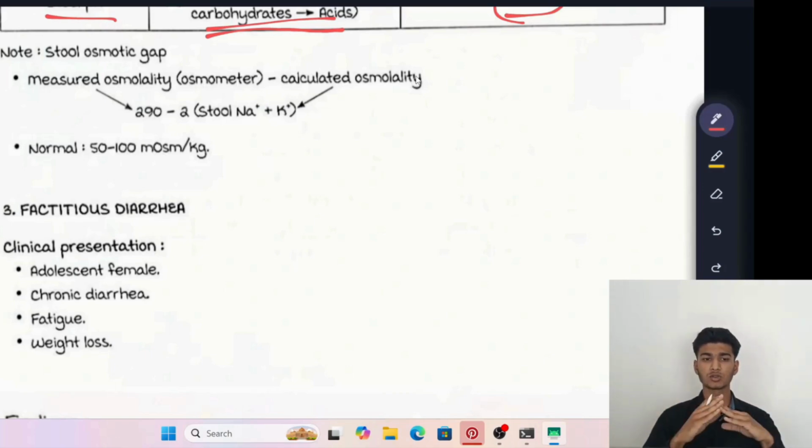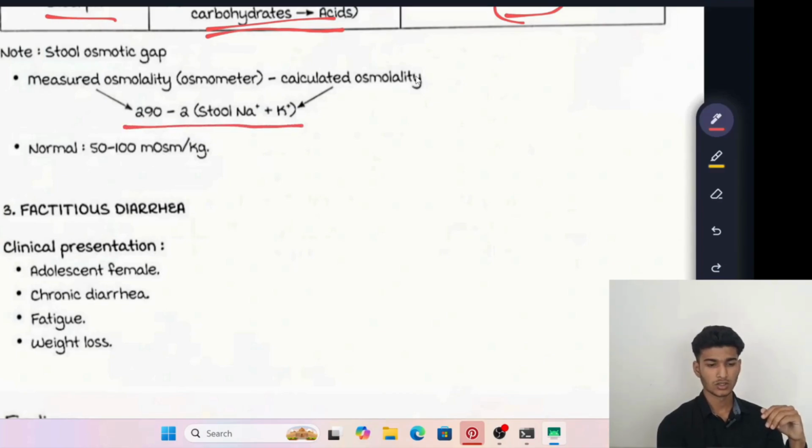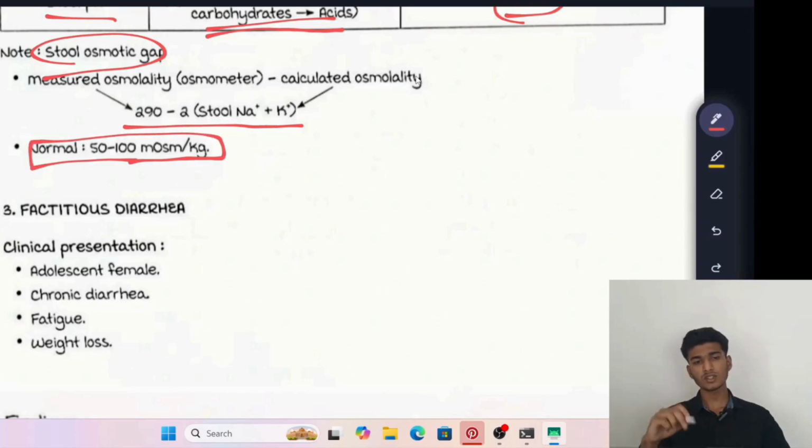We will subtract those, and then we will get the stool osmotic gap. So the normal range is from 50 to 100 milliosmol per kg. And that's it about the secretory diarrhea.